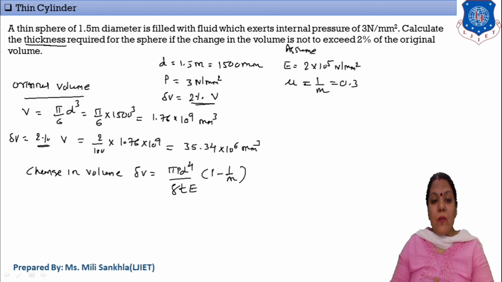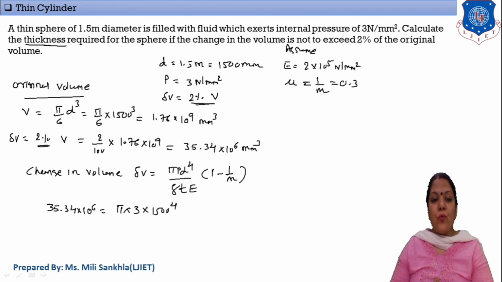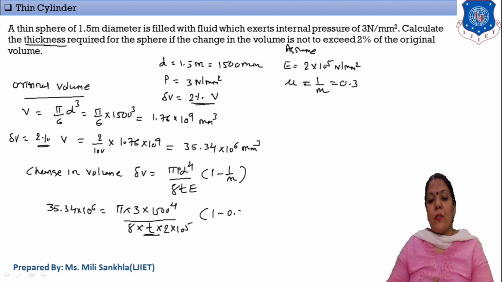Now one by one put the values here. Del V is equal to 35.34 into 10 raised to 6, and pi. P is given in data as 3. Diameter D is given, 1500 raised to 4, and 8. Thickness T is unknown here, and the value of Young's modulus is equal to 2 into 10 raised to 5, then 1 minus 0.3.